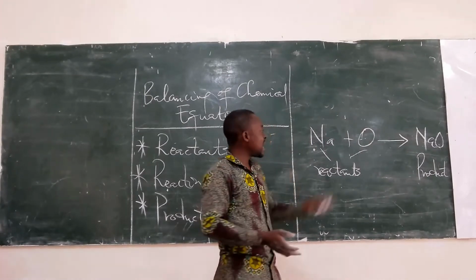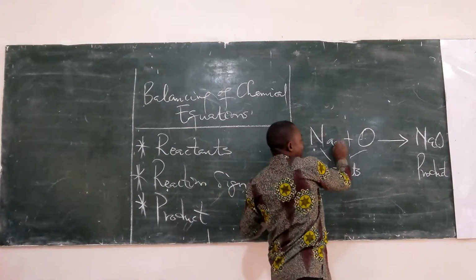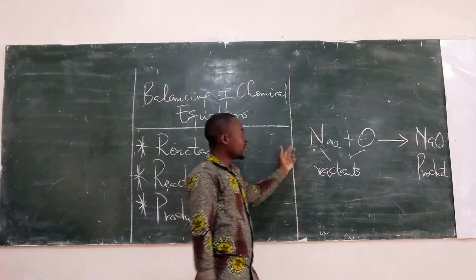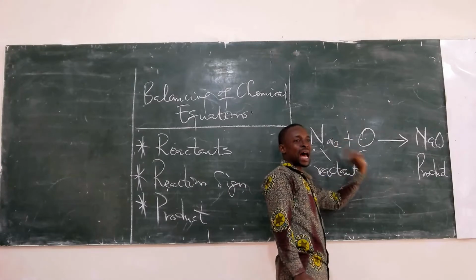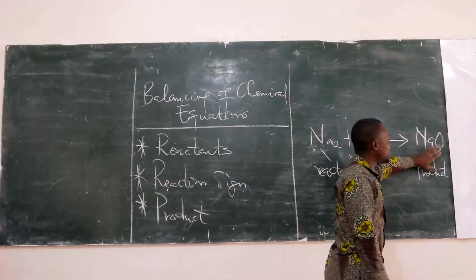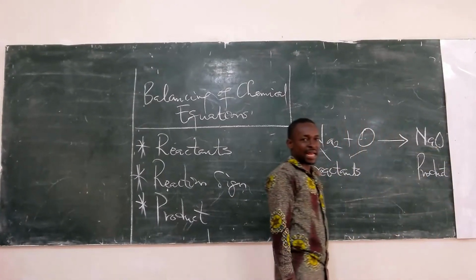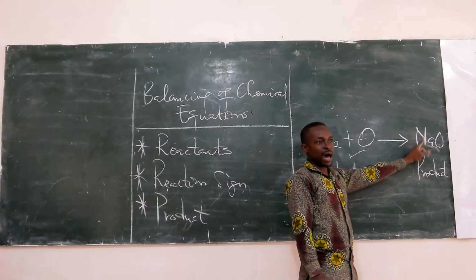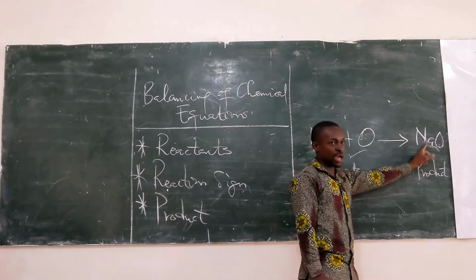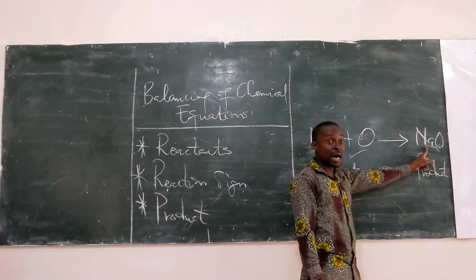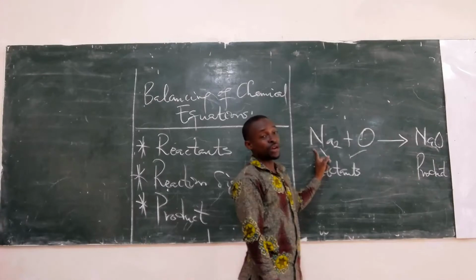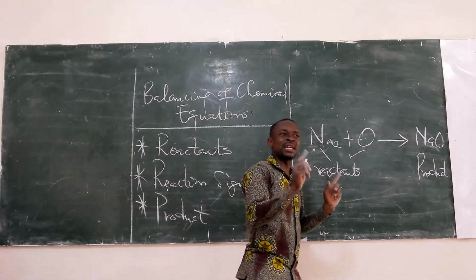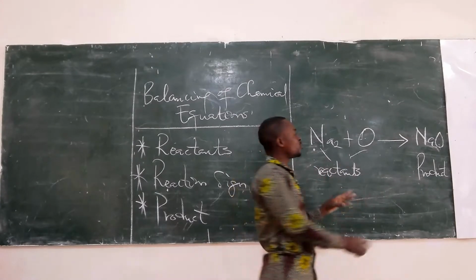Balanced. On the other hand, if I have 2 sodium atoms reacting with 1 oxide atom, and my product formed at this side, how many sodium atoms are in the product? How many? Watch here. 1. And if you come to the reactant, how many sodium atoms are there? It tells me that the equation is not what? Balanced. So what must I do?